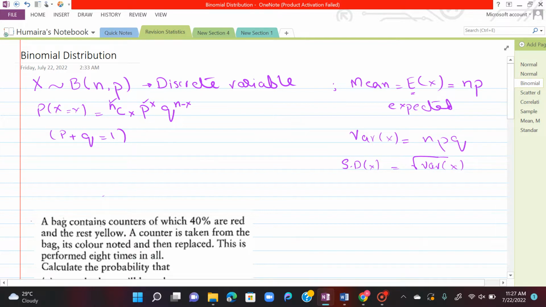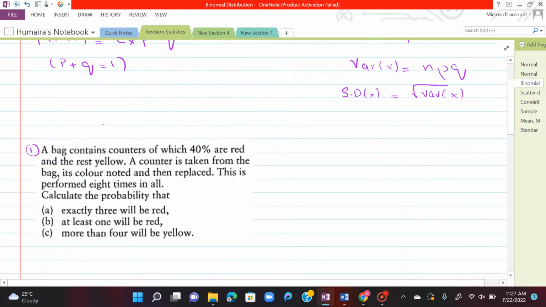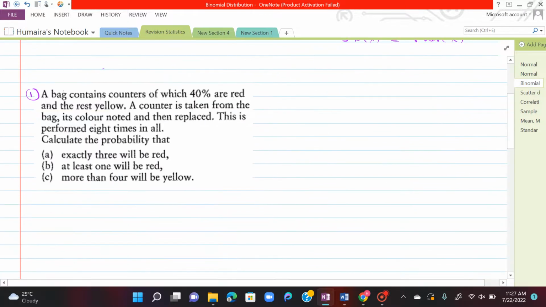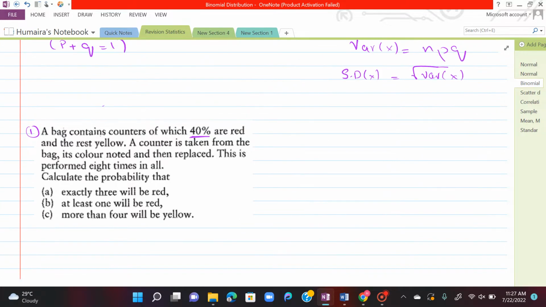Let's have a quick look at a few questions which can clear your concept. The first question is: a bag contains counters, 40% are red and the rest yellow. From here, what can I deduce?